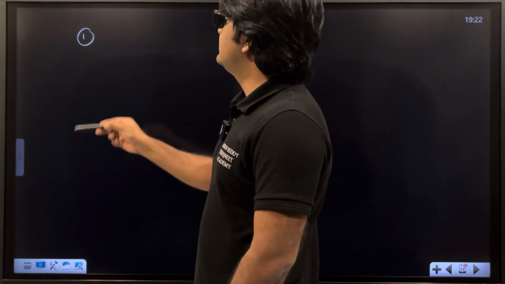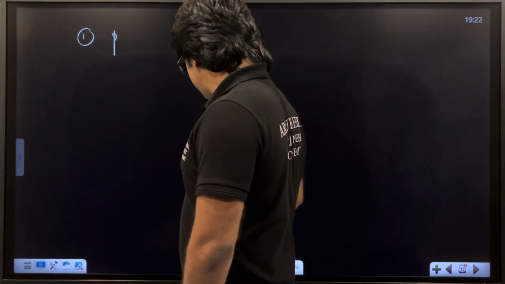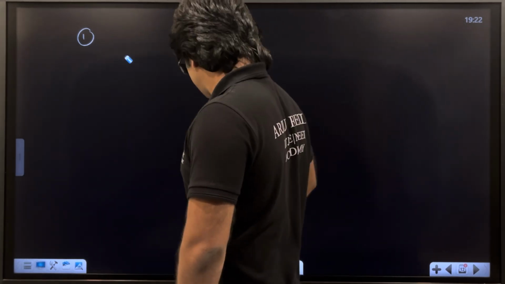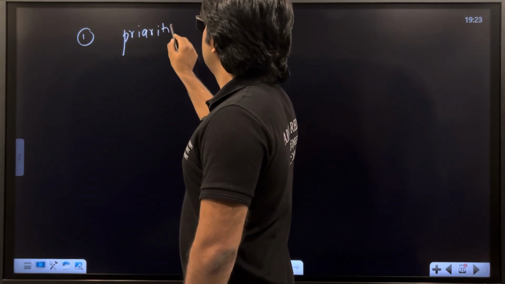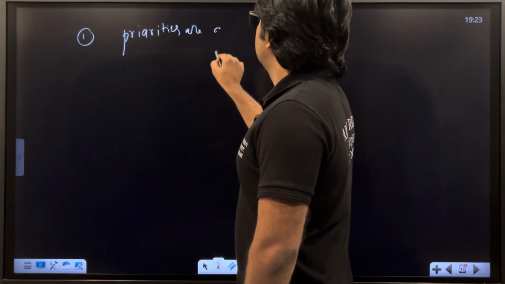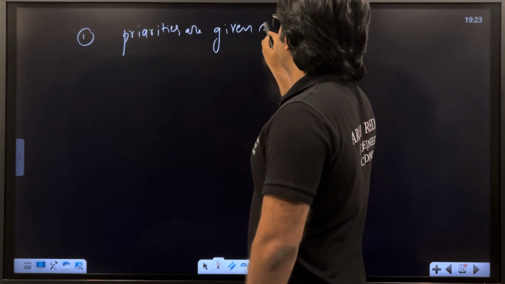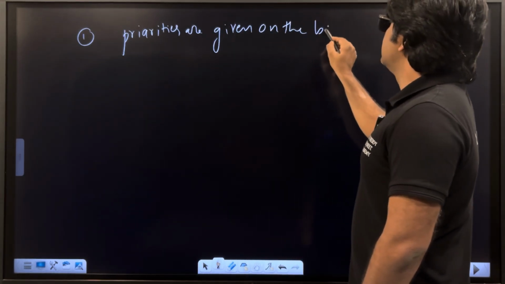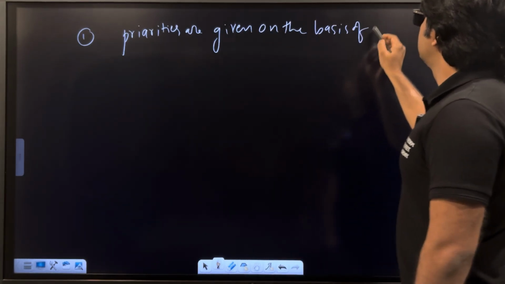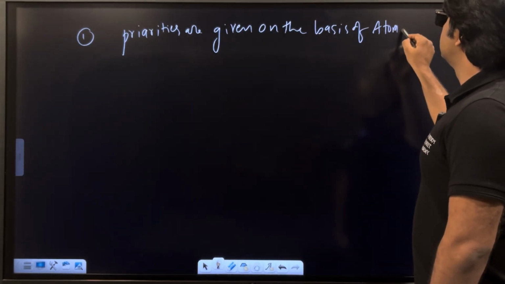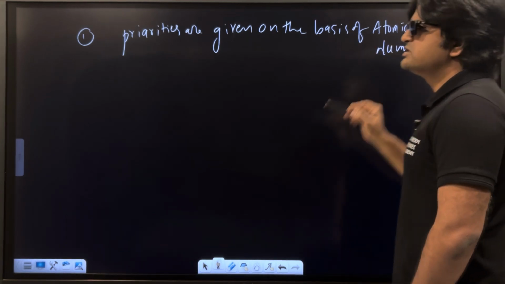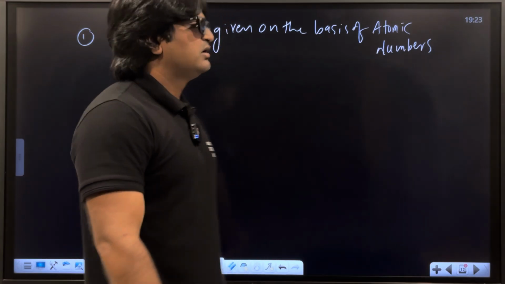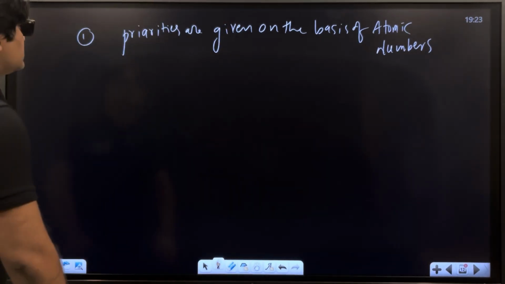Now I am writing the same point: priorities are given on the basis of atomic numbers.